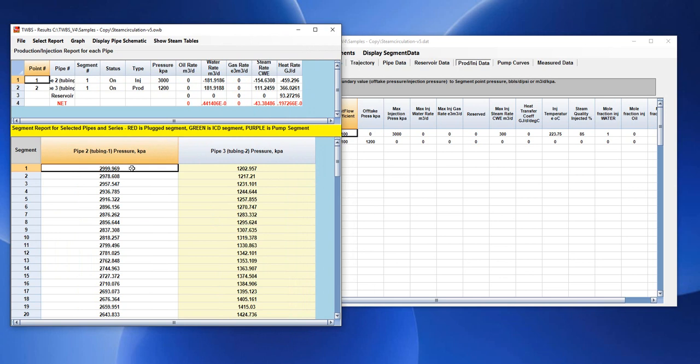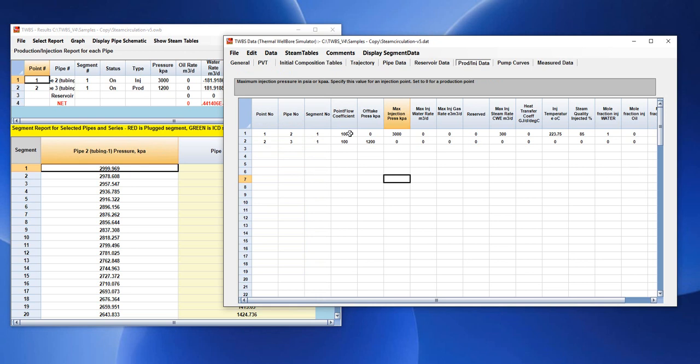If this difference in pressures is acceptable to us, then this is a reasonable point flow coefficient to use. Too high a point flow coefficient, we have a very small difference and we could have instability problems. Too small a point flow coefficient, we can have a pressure that's too low in the tubing, different than our injection pressure, and that may not be acceptable to us.